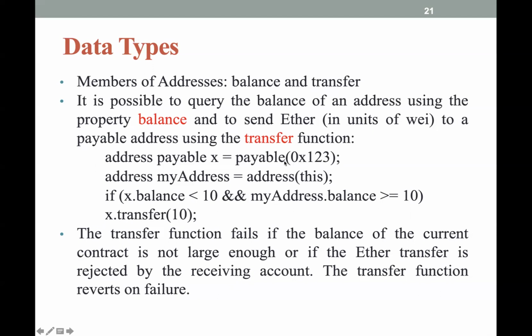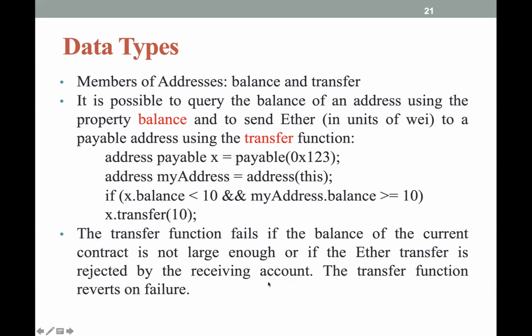And how you can transfer the money: x.transfer(10), and 10 is in the units of wei when you transfer money. It is one of the denominations in the Ethereum platform, and we will learn them in detail later on.